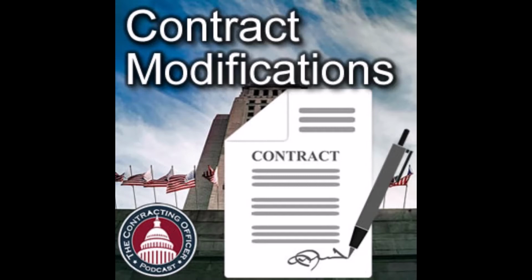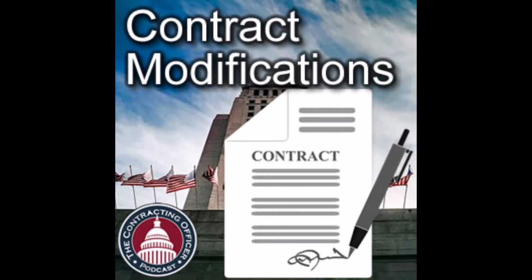They can say, you're right, that's a change, don't do it after all. Or the government can say, that's not really a change, you're supposed to do that and it's within scope. And those three items are actually listed in the FAR. Yeah, but in fancier words than I just said. Thank you for not reading.